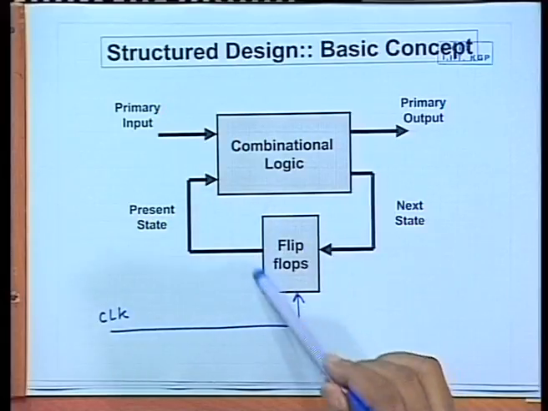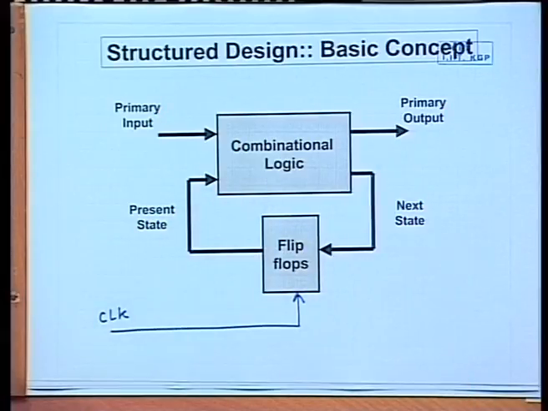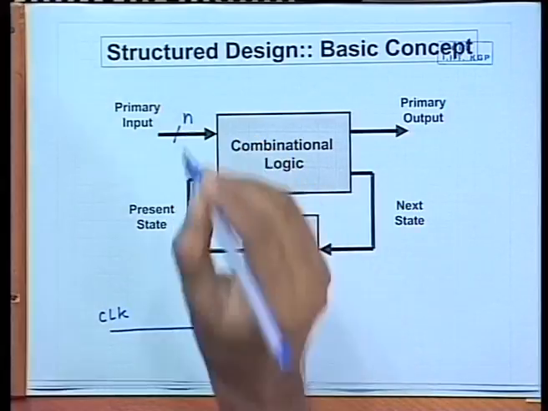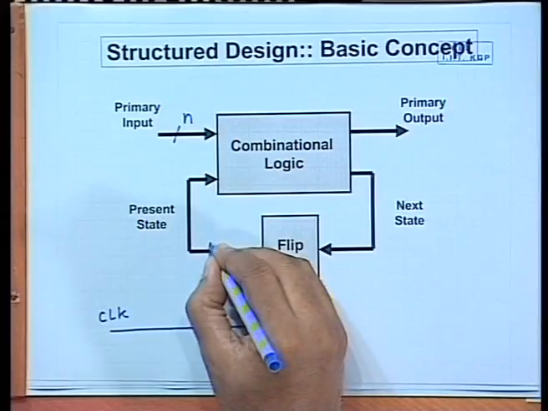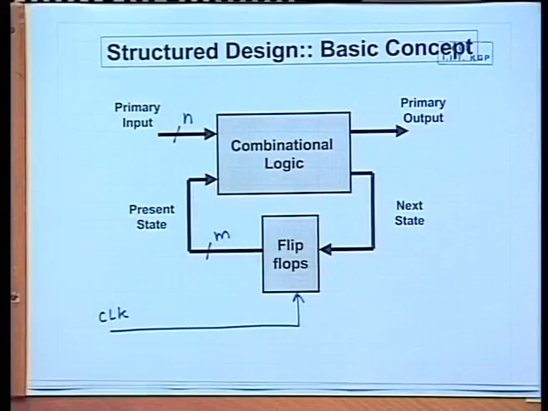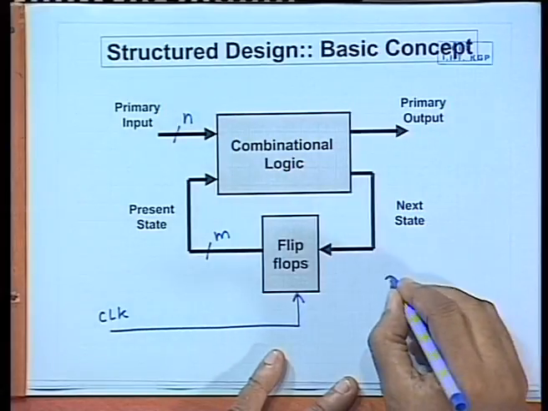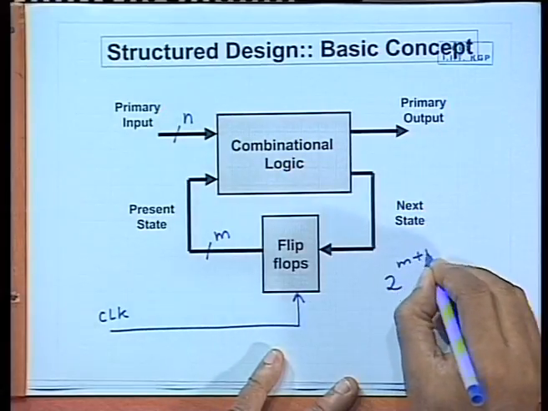Now, because of the presence of the flip flops, the problem of testing a sequential circuit becomes difficult. Try to understand: if there are n primary inputs and m flip flops, then the combinational circuit can have 2 to the power m plus n combinations.